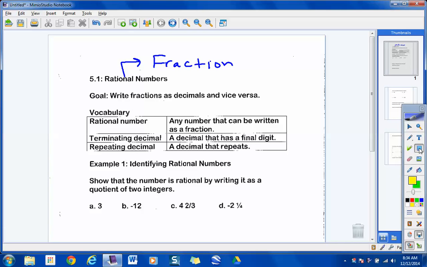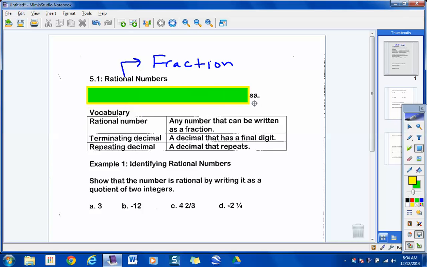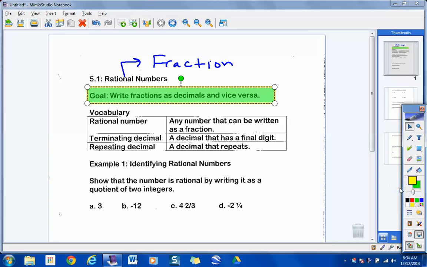So we want to make a connection between decimals and what we call rational numbers, or in other words, fractions. How do decimals relate to this idea of rational numbers? Goal-wise, that's where we're at: write fractions as decimals and vice versa.